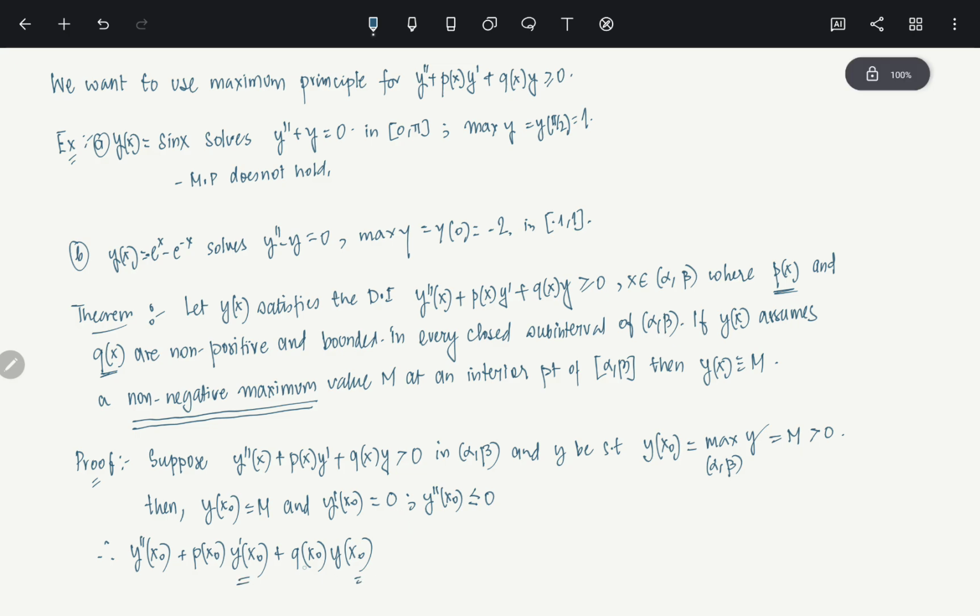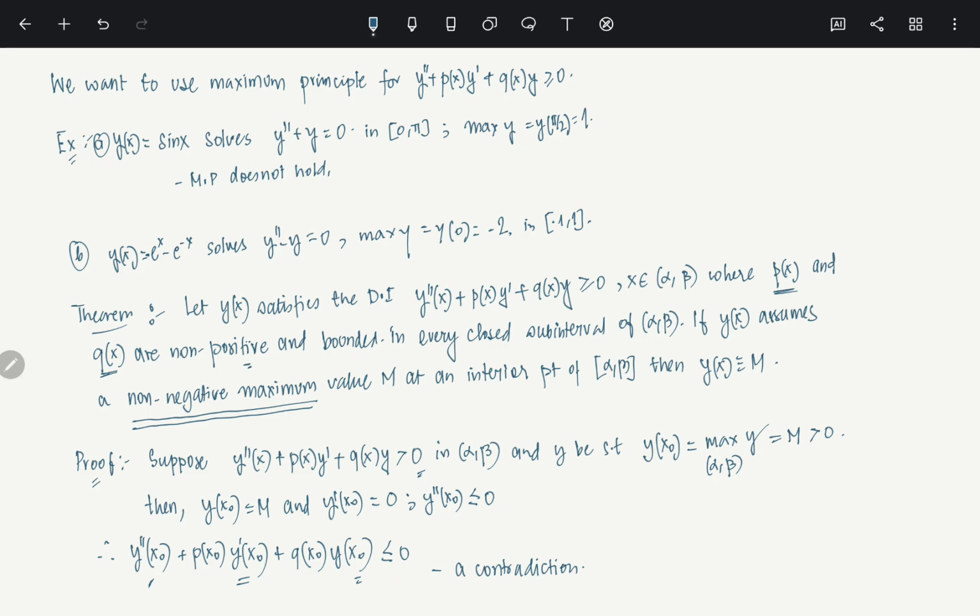This is M times q. Q is non-positive, y double prime is non-positive, so this is always less than or equal to 0. That's a contradiction, because it is given that this is strictly positive.